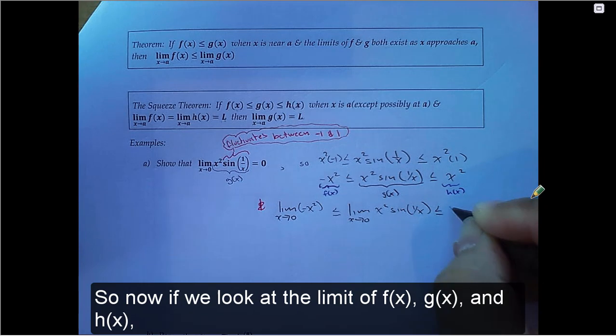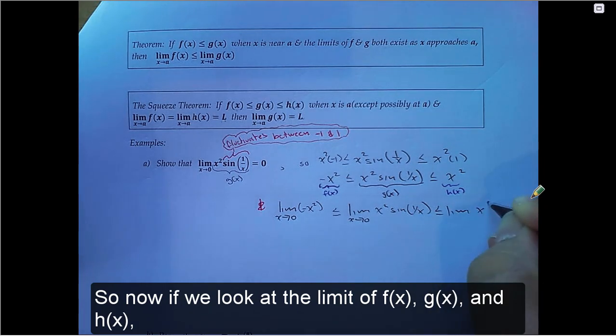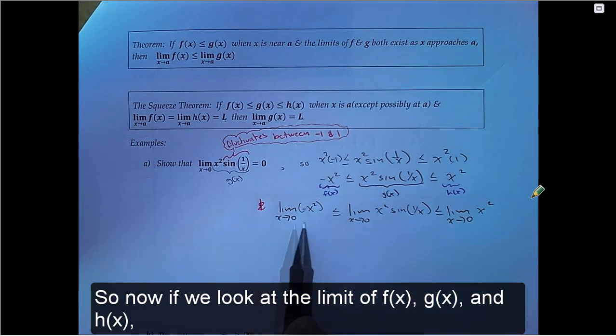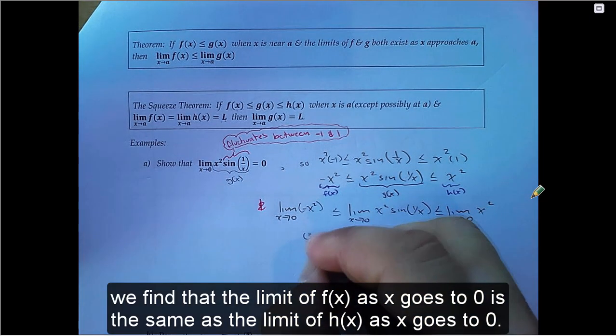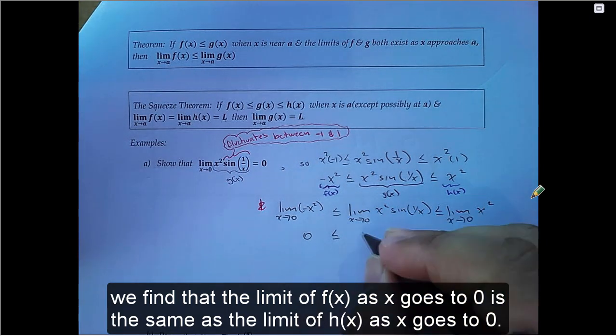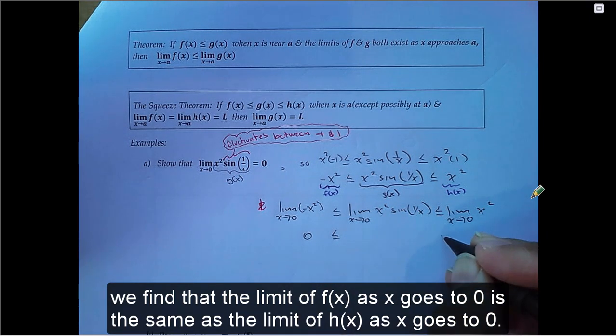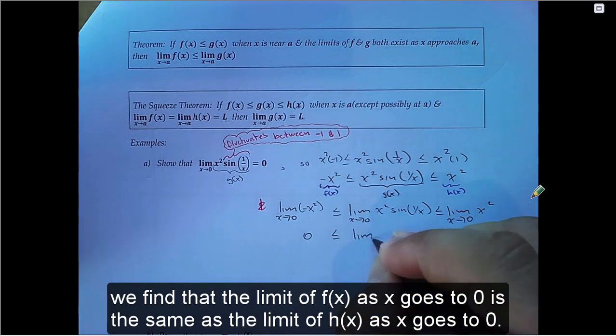So now if we look at the limit of f of x, g of x, and h of x, we find the limit of f of x as x goes to 0 is the same as the limit of h of x as x goes to 0.